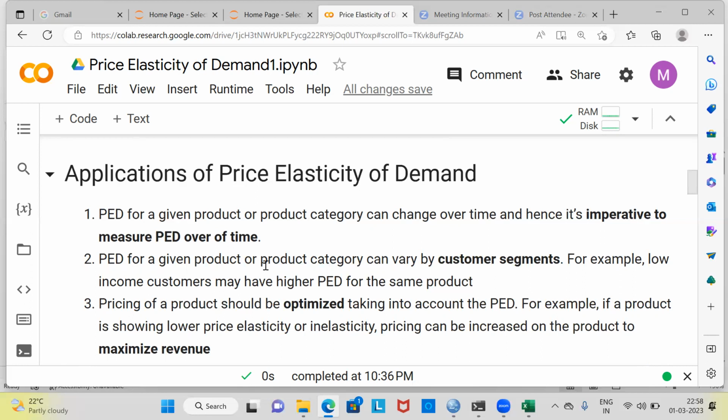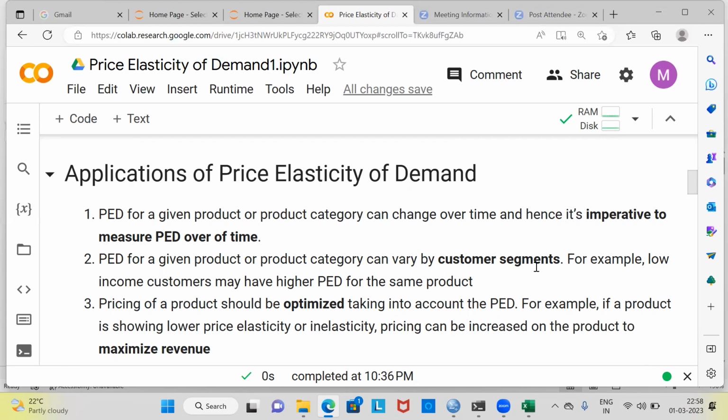PED for a given product or product category can vary by customer segments. What does this statement mean? This means that the poor people may react to increase in price in a particular way. The middle class people will react to increase in price in a different way.